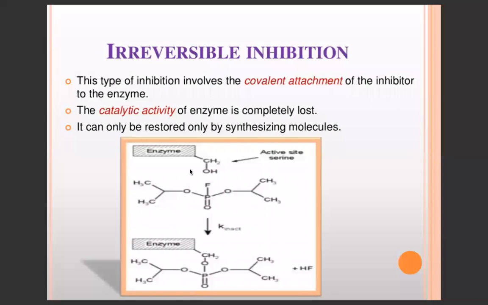By attachment of this irreversible inhibitor, the configuration of the active site is disturbed. It changes to CH2O, and the active site of the enzyme which works here is CH2OH. So the whole configuration of the active site is disturbed, and this enzyme will not work properly.